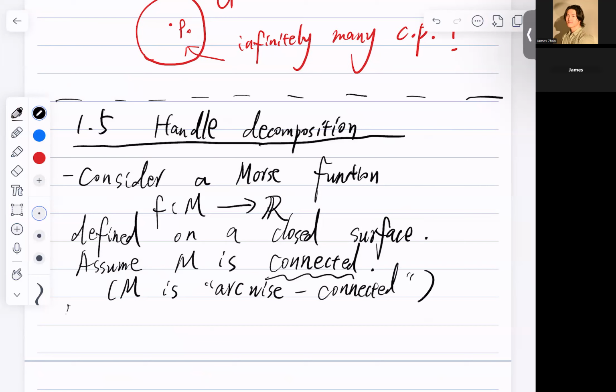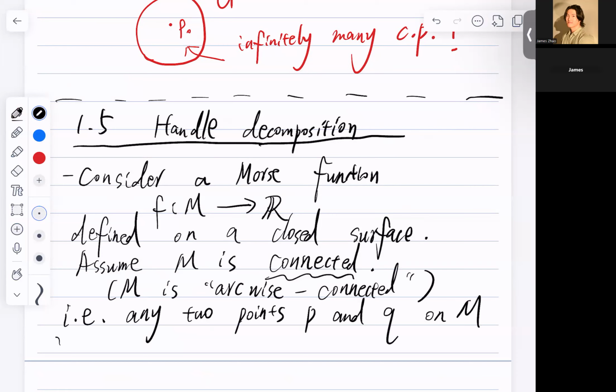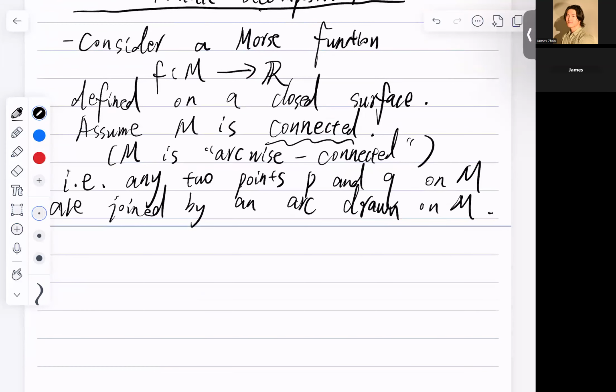In other words, we can say that any two points P and Q on M are joined by an arc drawn on M. So if you just draw two points on the manifold, they can be connected with an arc, right?